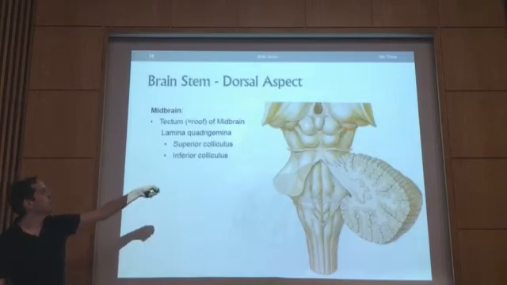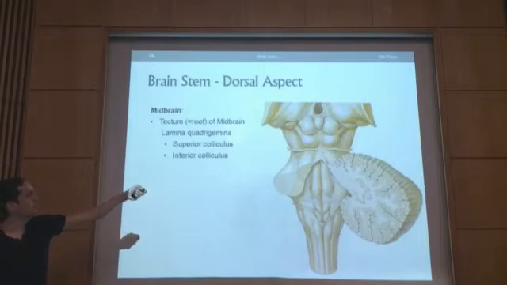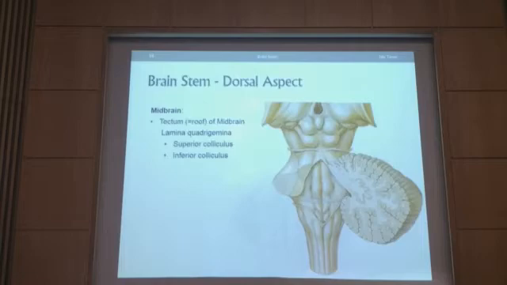The superior colliculi are connected to the lateral geniculate body, and the inferior colliculi are connected to the medial geniculate body. So the auditory colliculus of the midbrain is connected to the auditory nucleus of the thalamus, and the visual colliculus of the midbrain is connected to the visual nucleus of the thalamus, not surprisingly.